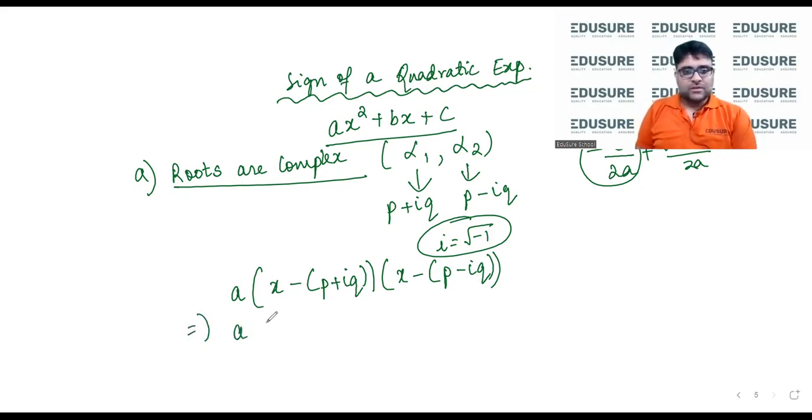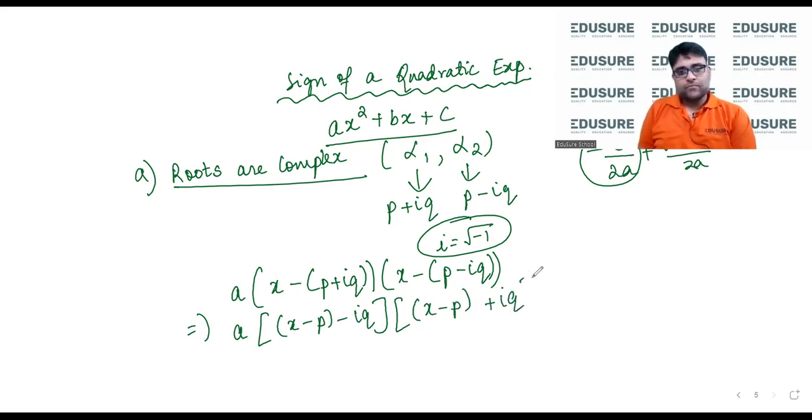Okay, so this can be written as x minus p minus iq, x minus p plus iq.